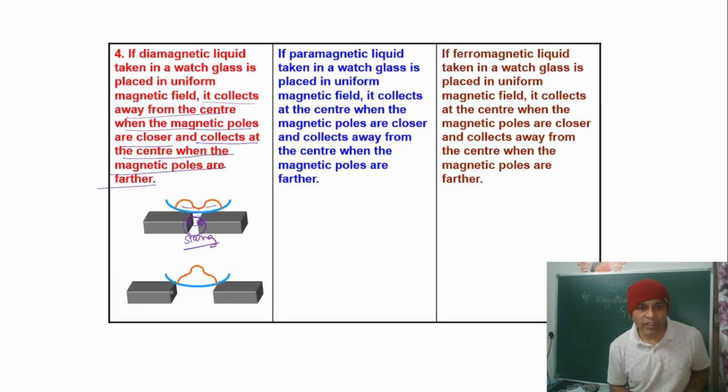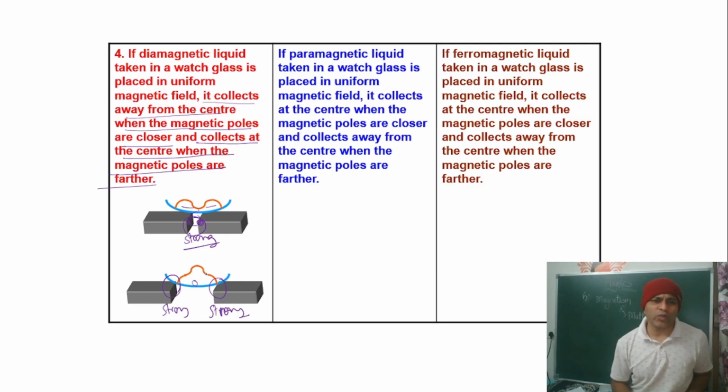And when we keep the magnets further away, the water comes inside. Why is it coming inside? Because the stronger field of magnetism is here, so they try to be inside, away from the stronger field.